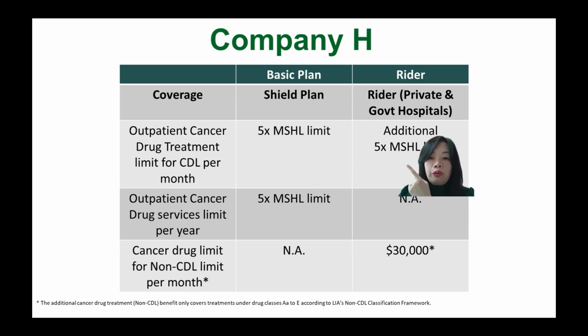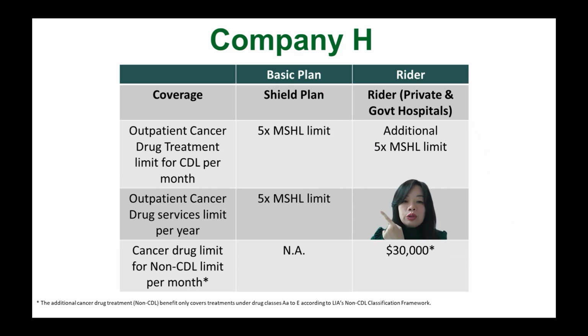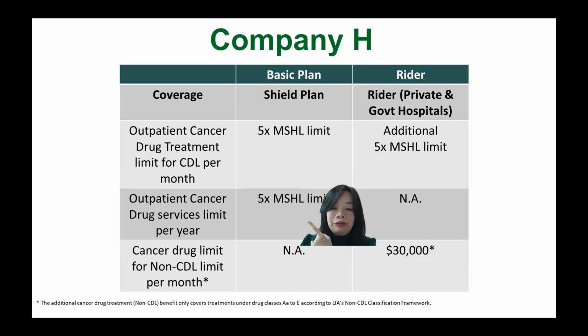For the rider, there will be an additional 5 times of the MediShield Life limit. For the cancer drug services limit, it will be 5 times, and even if there's a rider, it will not apply. It will only be 5 times of the MediShield Life limit.